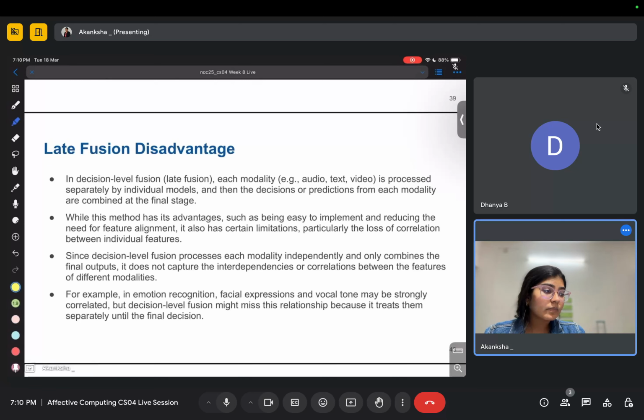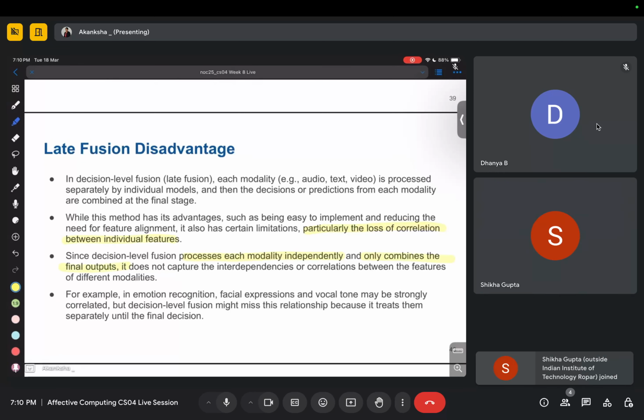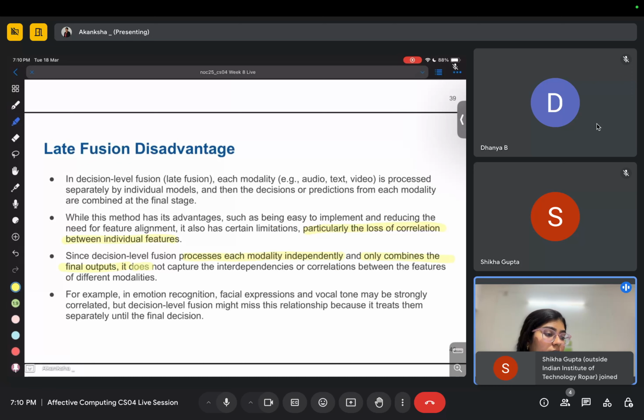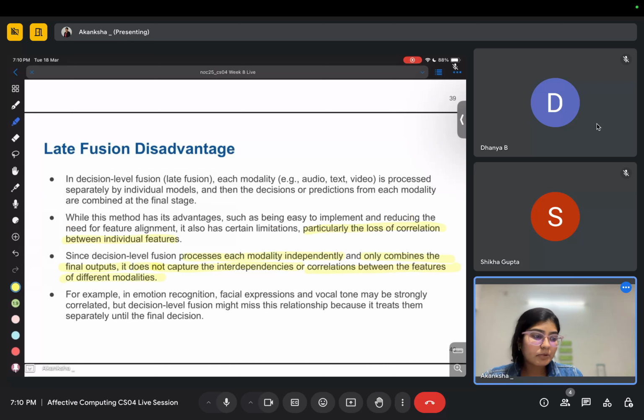We know that late fusion has certain disadvantages. The major one, again, is the loss of correlation. It just processes every modality independently and then combines the final outputs or the probabilities, and it does not capture the interdependency or the correlation between the features or different modalities. Let's say facial expressions, vocal tone, and emotion recognition: it is very evident if you look at the facial expressions and vocal tone together.